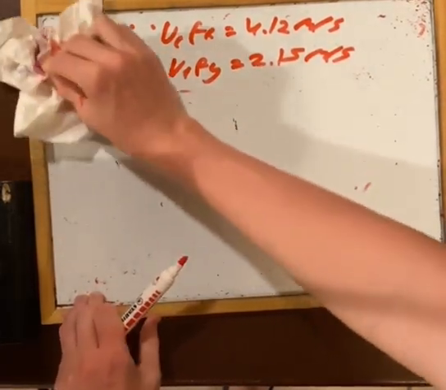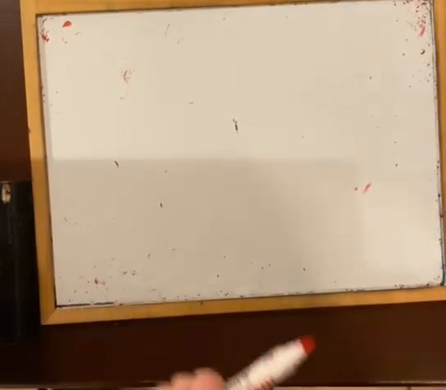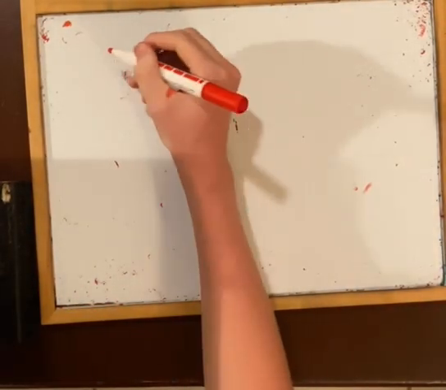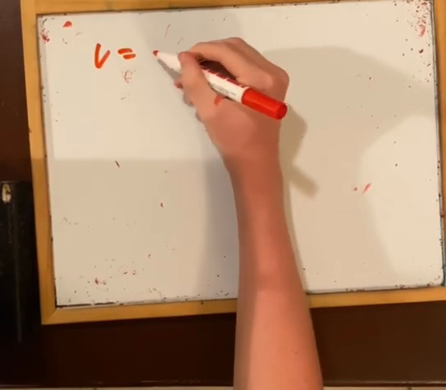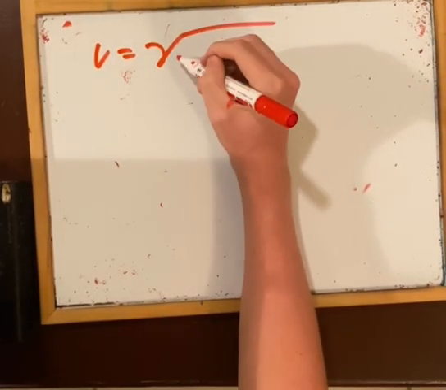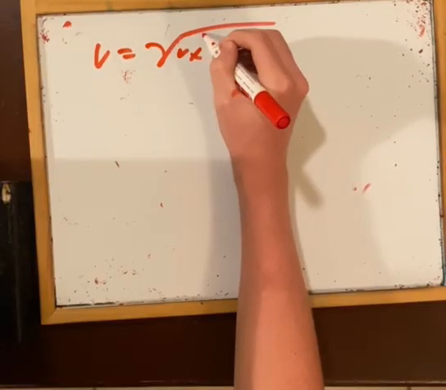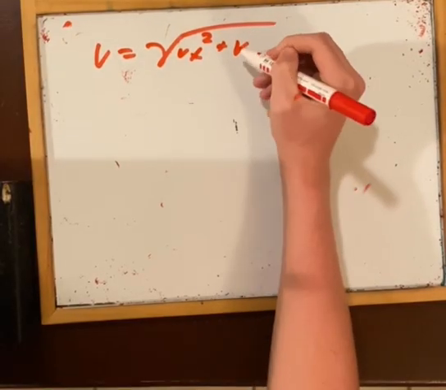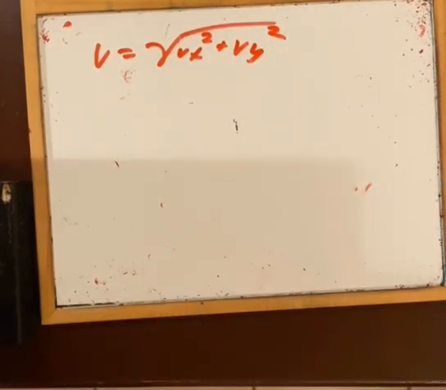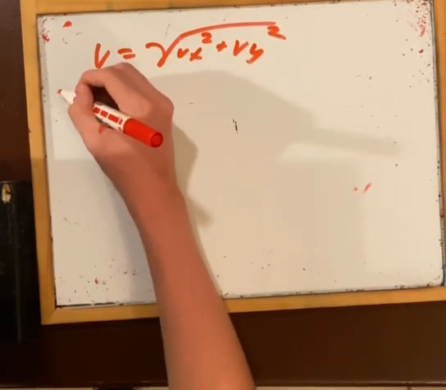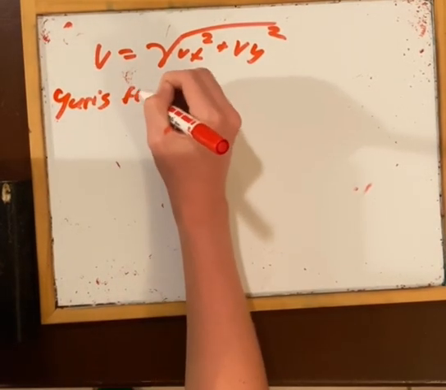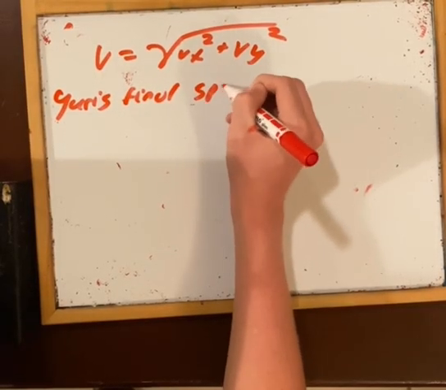And now I'm pretty sure we have to calculate the magnitudes. Yes, we do. So this is our formula for our magnitudes: v equals the square root of vx squared plus vy squared. So this is Yari's final speed.